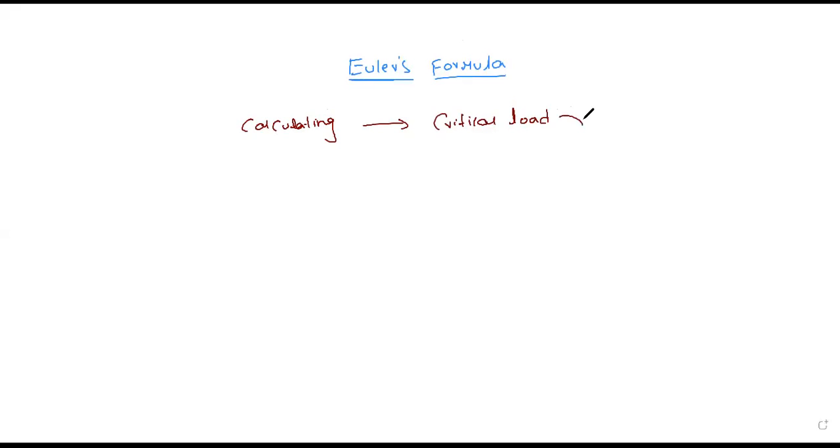The load at which the column collapses or buckles will be your critical load. Okay, can anyone tell me, should your critical load always be less than or equal to the axial load, or greater than or equal to the axial load?